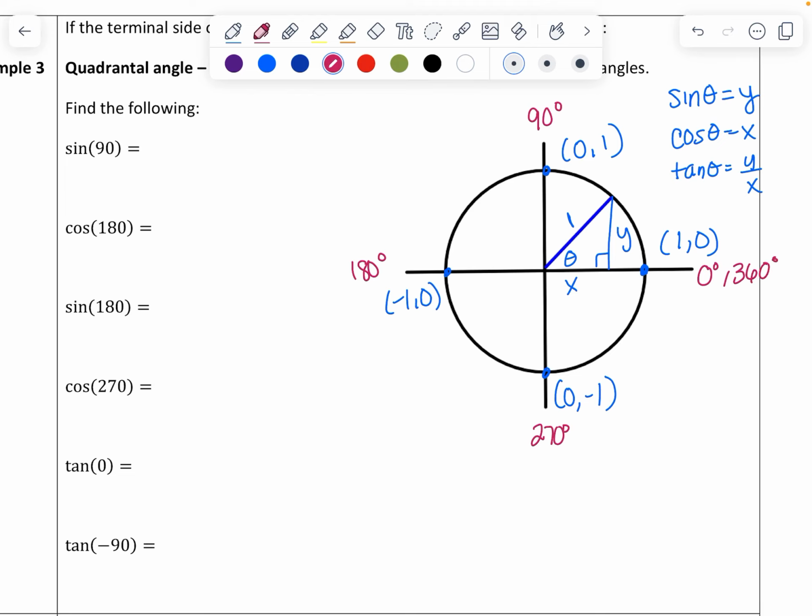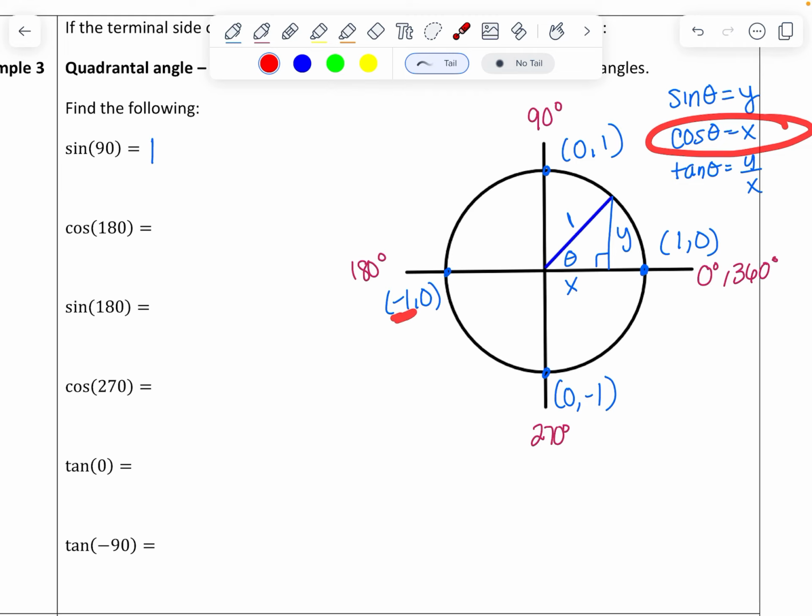So if we're looking for sine of 90 degrees, you're going to look up here. This is 90 degrees, and sine is my y coordinate. So sine of 90 would be equal to 1. If I wanted to find the cosine of 180 degrees, I would go to 180 degrees. I'm using the unit circle, so pick a point that is 1 away, which would be (-1, 0).